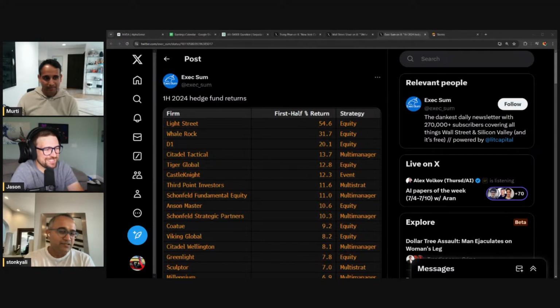And I believe this is gross, I'll double check. But they're typically charging 2% on these poor returns, plus 20% for the ones that are positive, so that's more like 4%, minus whatever these numbers are.